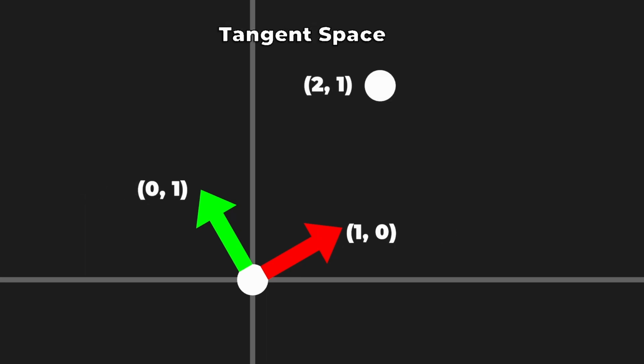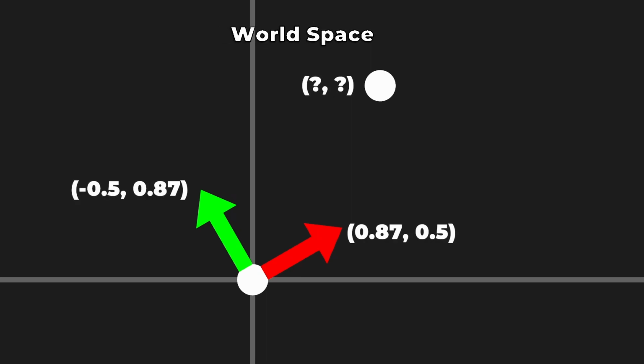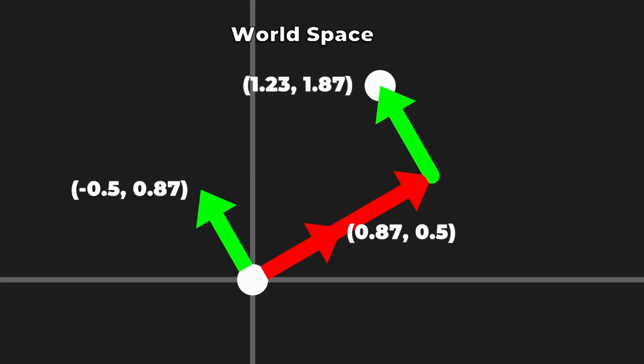In this example, in 2D, we want to convert a point from tangent space to world space. Given the tangent and bitangent directions in world space, we can multiply each basis direction with the corresponding component in the point and add the products together. The point (2, 1) equals the tangent vector times 2 plus the bitangent vector times 1.